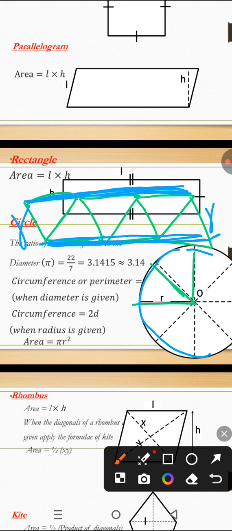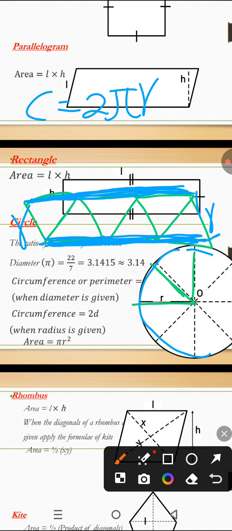When we finish, what does it mean? The formula says circumference. Circumference equals what? Pi d or 2 pi r. I think that's what we said for circumference. So if circumference is 2 pi r, it means circumference alone.